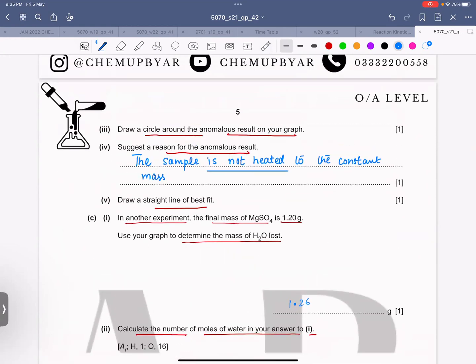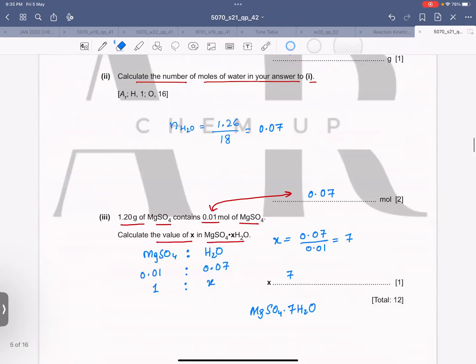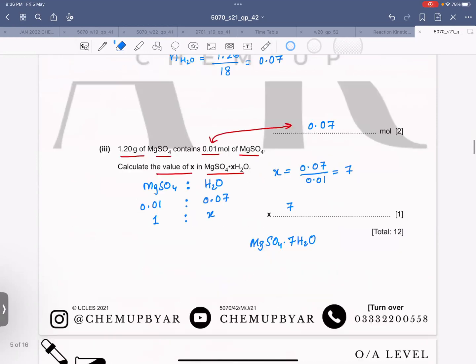Yes, you can write that the sample is not heated enough. Okay.